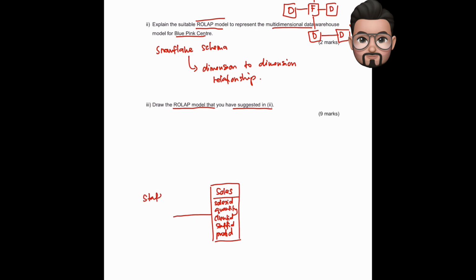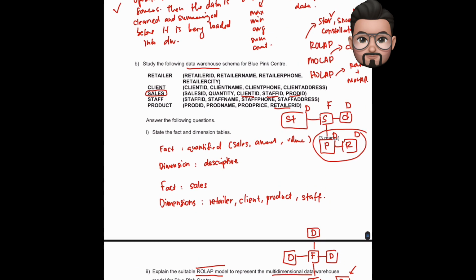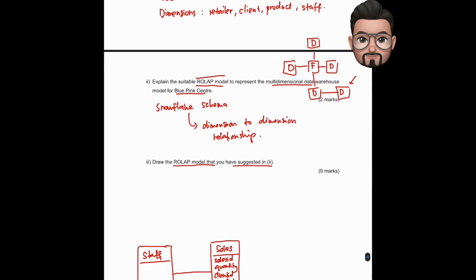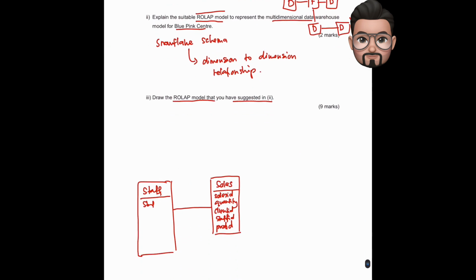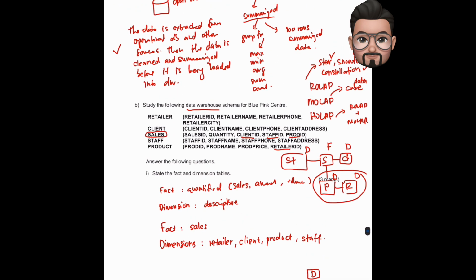So what do we have over here? Staff. And the one that you drafted just now, staff. So what is inside staff? Inside staff we have staff ID, staff name, staff phone, and staff address. Okay, then what else do we have?